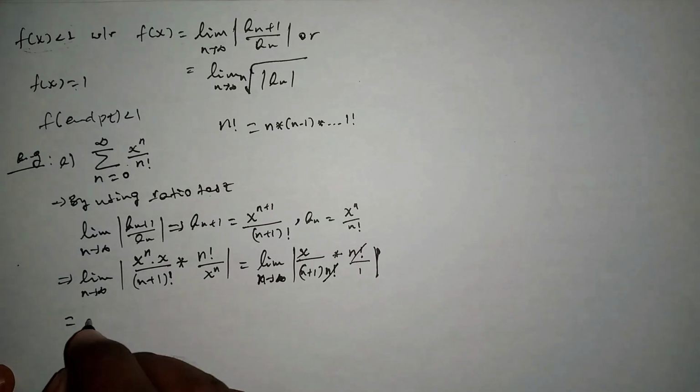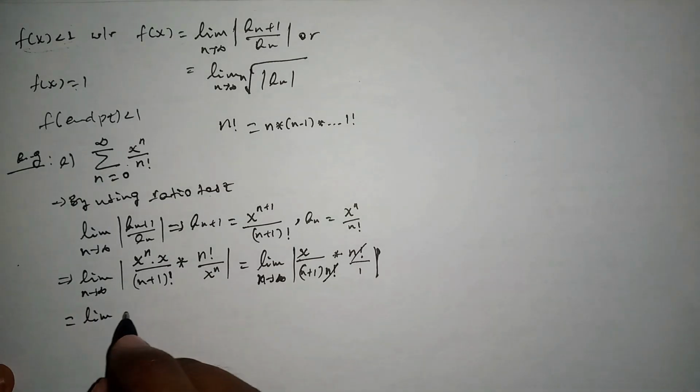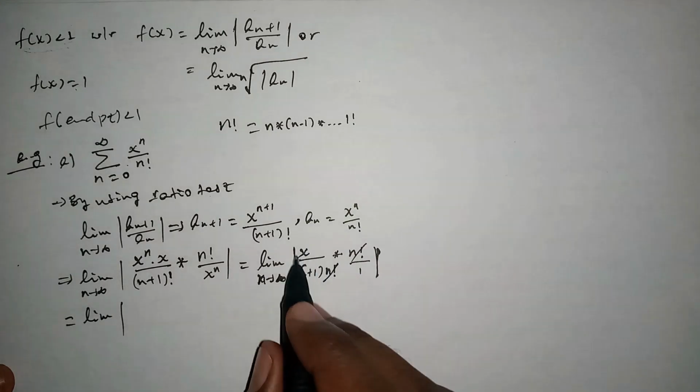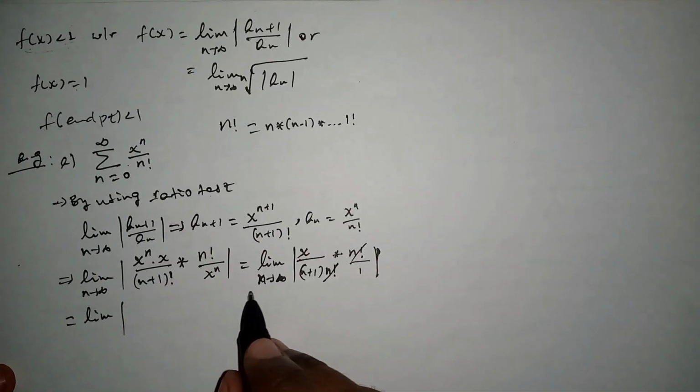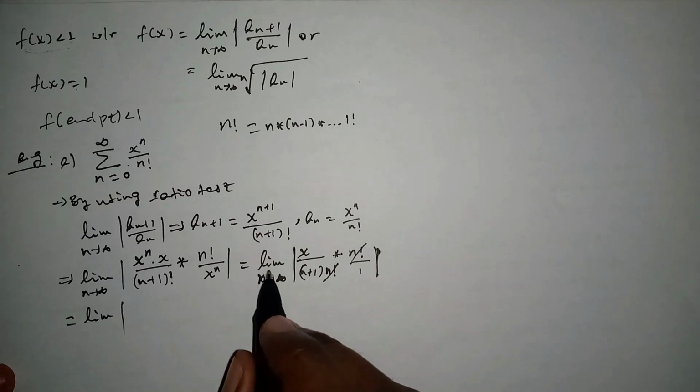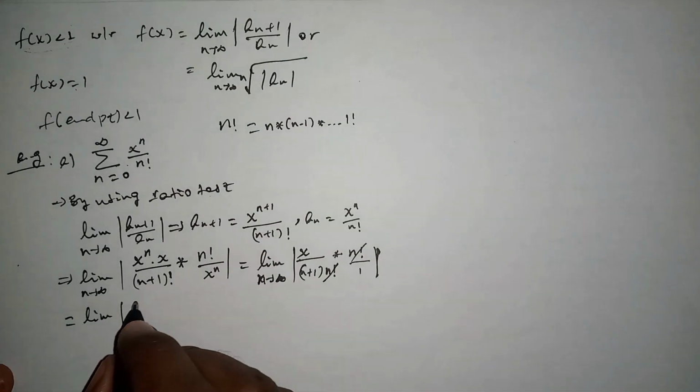This equals the limit of 1 over n plus 1 times x, where x is an independent variable because our limit depends on n.